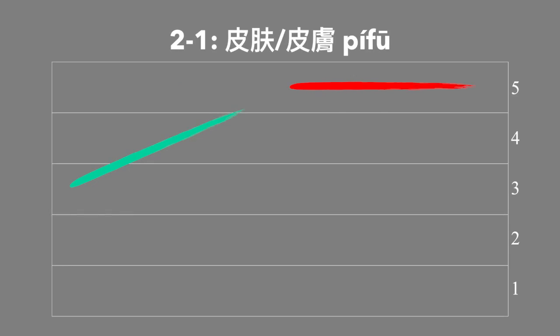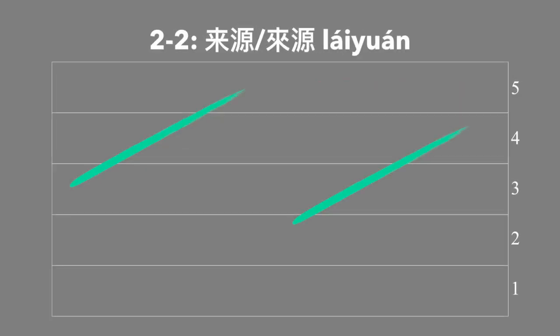皮肤皮肤. Now, just like in the 1-2 combination, notice that the second tone doesn't get up to the height of the first. There's a bit of a gap between the end of the second and the beginning of the first. And I mean a gap in pitch, not a gap in time. 皮肤皮肤. Okay, here's a 2-2. 来源来源.